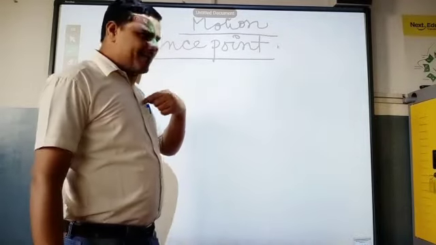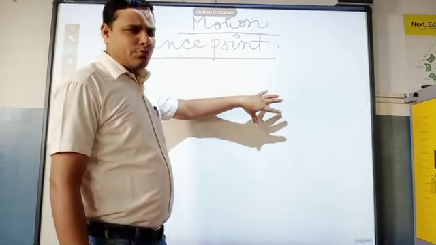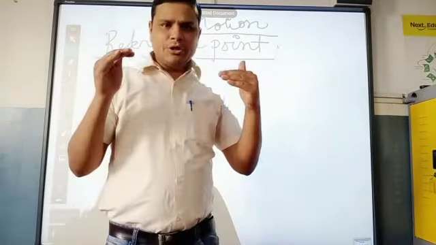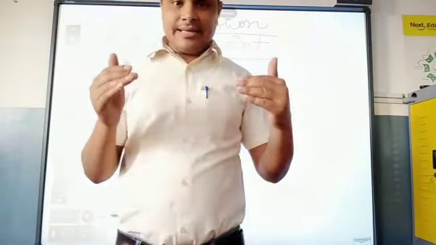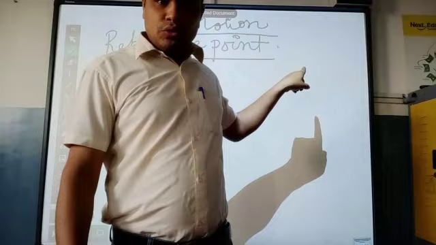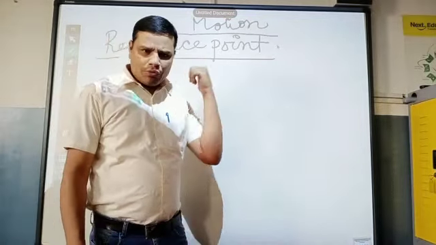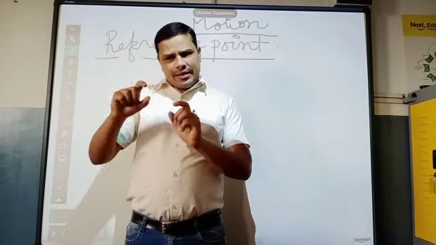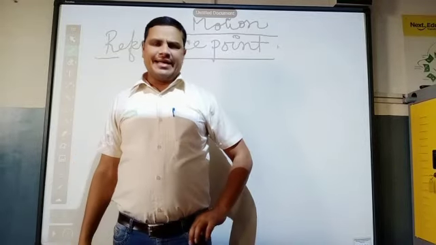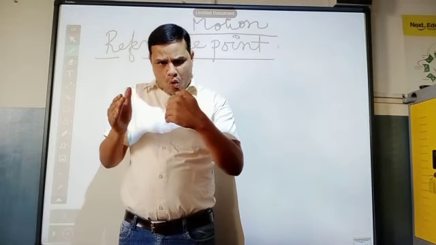Suppose that I am considering this interactive smart board as a reference point and I am moving toward you. That means I can say that I am in motion with respect to this board. Suppose that you are riding your bicycle, going far away from your home.